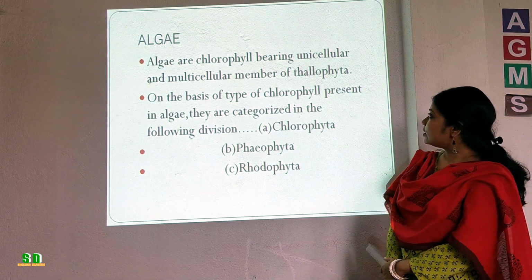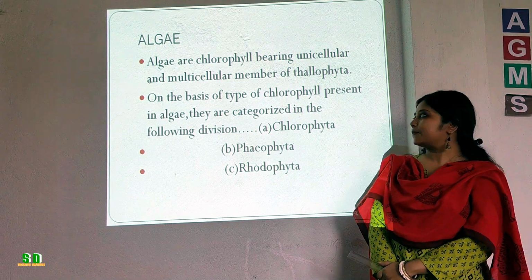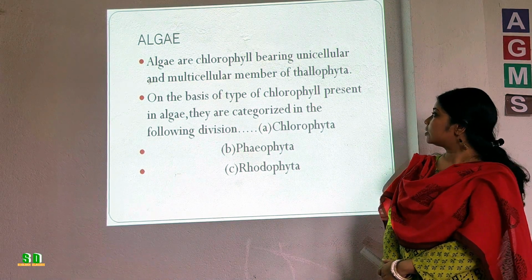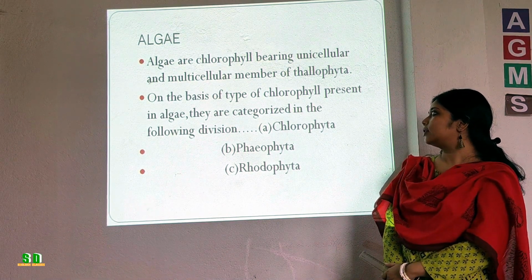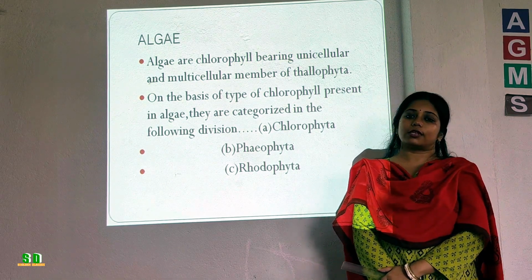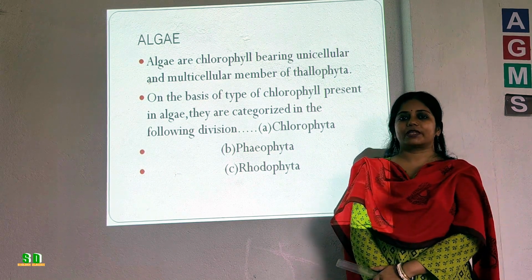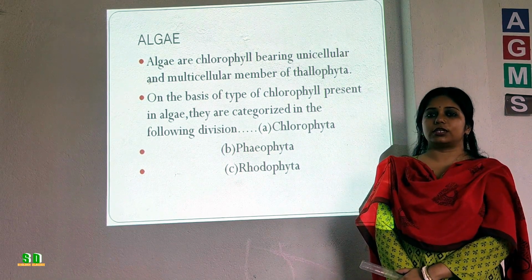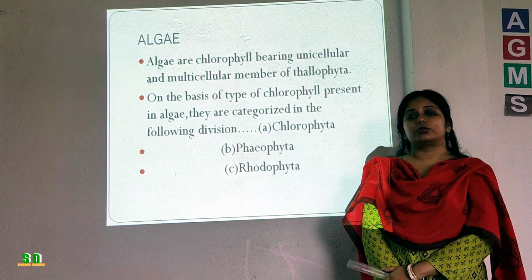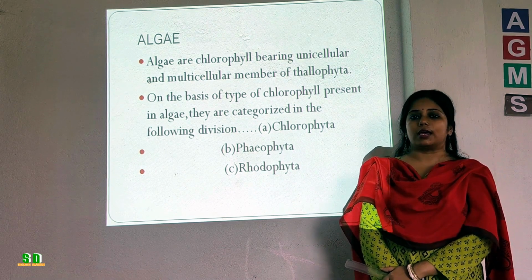So here we will see some of the characteristics of algae. First of all, algae are chlorophyll-bearing unicellular and multicellular members of Chlorophyta. The first criterion is that the cells have chlorophyll within them, and they can be unicellular, like Chlamydomonas and Chlorella, which are unicellular algae.